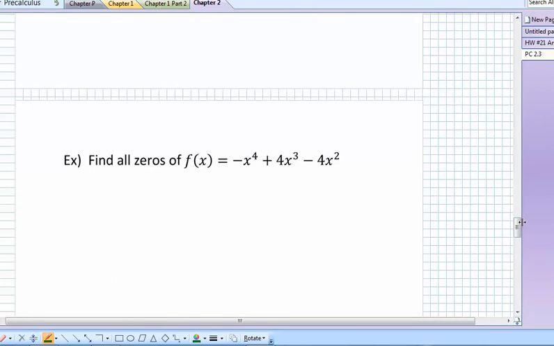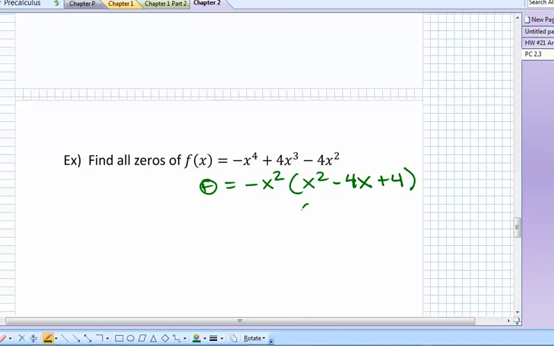So next thing, find all the zeros here. Remember, factor out what they have in common. If there's a negative in front, I'd factor out the negative. So I'm going to factor out a negative x squared. So it's x squared minus 4x plus 4.